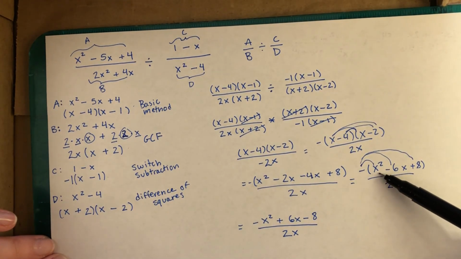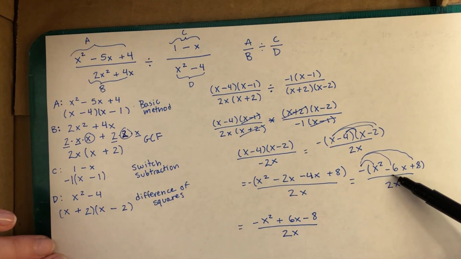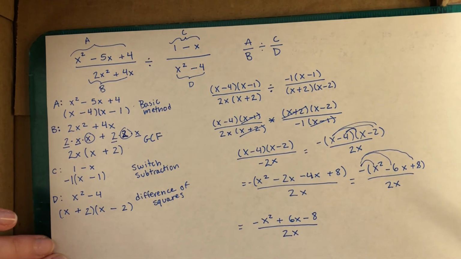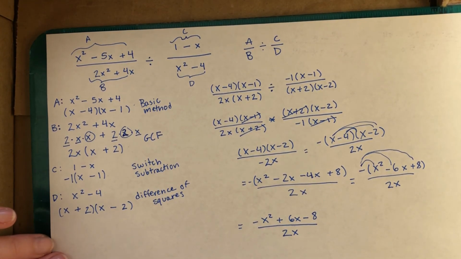So my x squared became negative x squared. A minus and a minus here makes a plus 6x, and then it's a minus 8. Okay. So that was an example of dividing two rational expressions where each one of the numerators and denominators requires a little bit of factoring work before we get started.